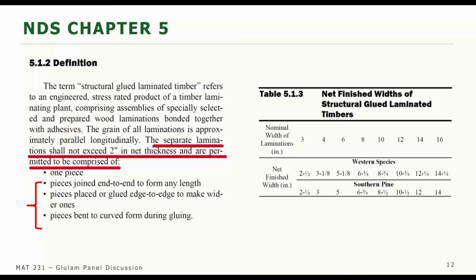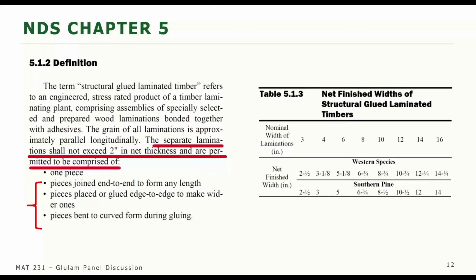And there are permissions that it can be finger jointed, it can be end jointed, they can be bent during gluing to curve the beam. So you can have various shapes that are allowed that are all built up from nominal solid sawn lumber, typically 2x material, to make larger sections.